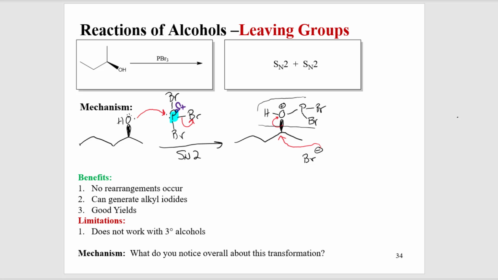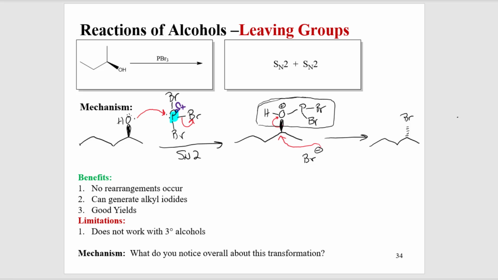This whole thing is your leaving group. And the bromine, because it did an SN2 at that carbon, is now inverted. So we started with the alcohol in the front, we ended with the new leaving group in the back.